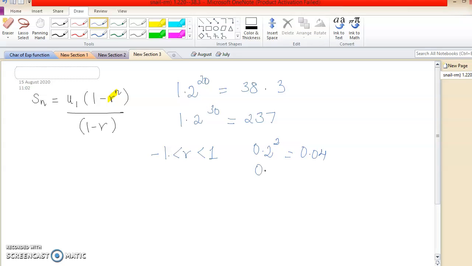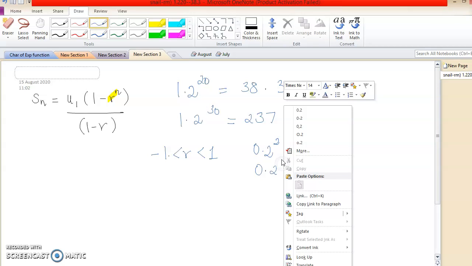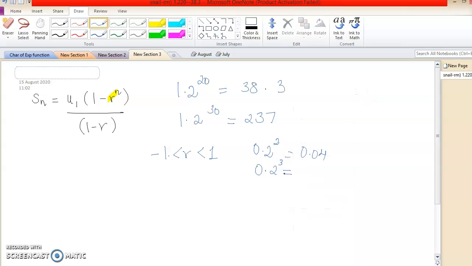If I say 0.2 to the power of 3, it is going to be 0.008. And if I ask for 0.2 to the power of 20, it is going to give me 1.05 times 10 to the power of -14.